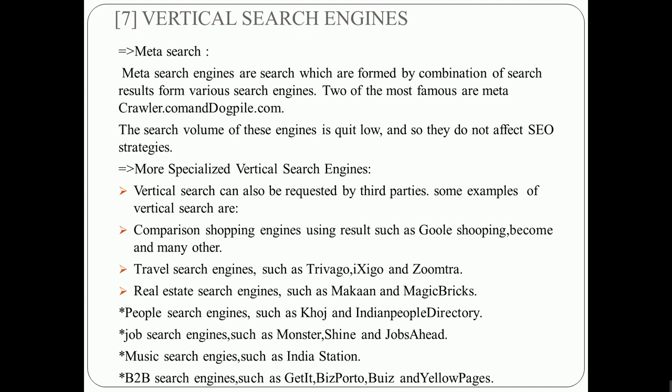More specialized are vertical search engines. Vertical search can also be requested by third parties. Some examples of vertical search are comparison shopping engines such as Google Shopping, Become and many others. Here are examples of different search engines.